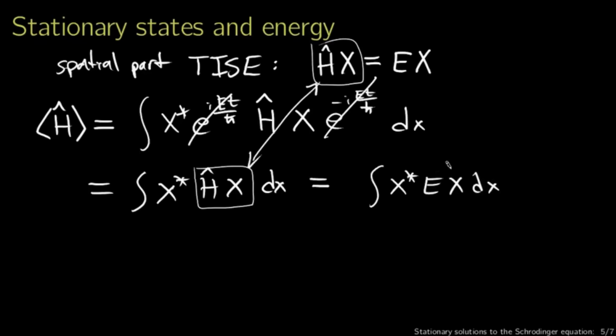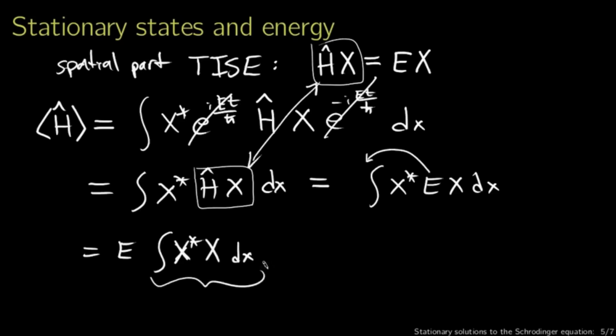Now these psi's are not coordinates, they're functions of the x-coordinate, just to be clear about my notation. But this E is just a constant. It can be pulled out of the integral entirely, and we're just left with E times the integral of psi star psi dx. And this, if we've properly normalized our wave function, is 1.